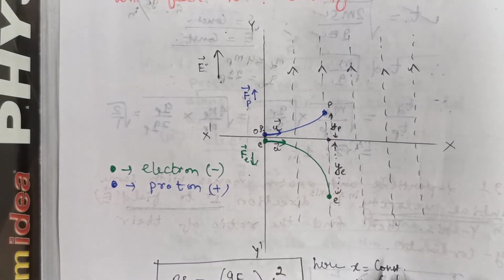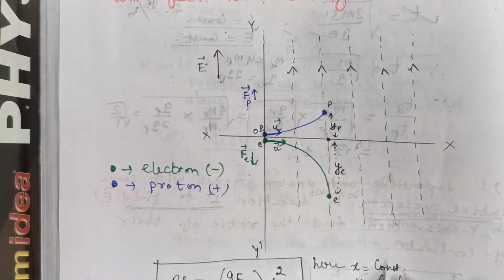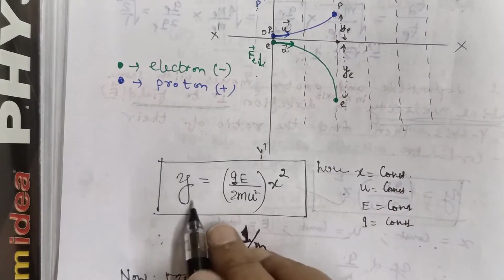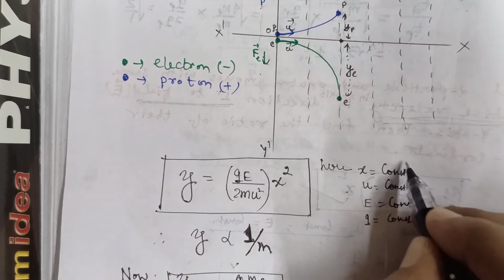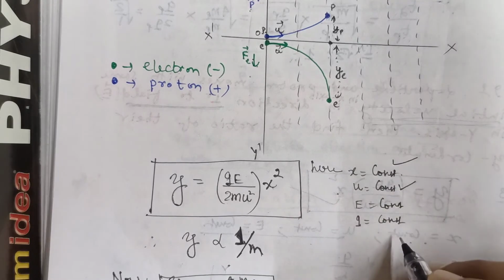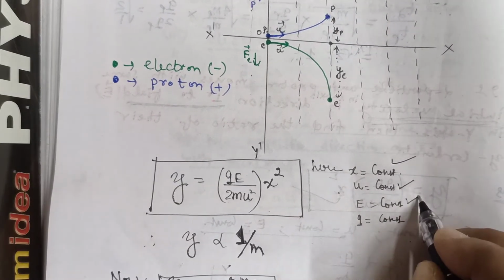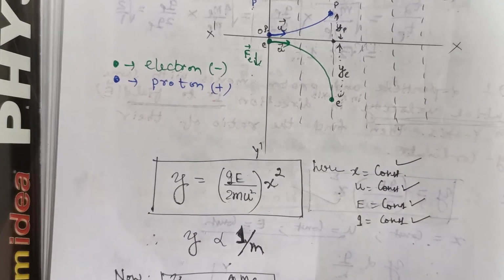Now our question is, with the same x coordinate, we have to calculate the y coordinate of electron and proton. Then we can say which one will deflect more. You see the formula, y is equal to qE by 2m u square into x square. Here we take x constant, initial velocity is constant as given, and same electric field. As proton and electron have the same charge magnitude, q is also constant.